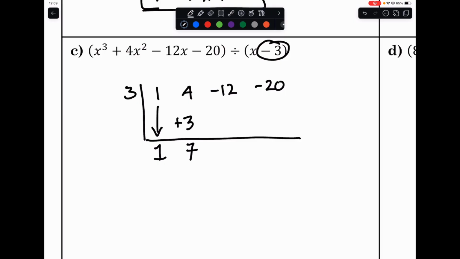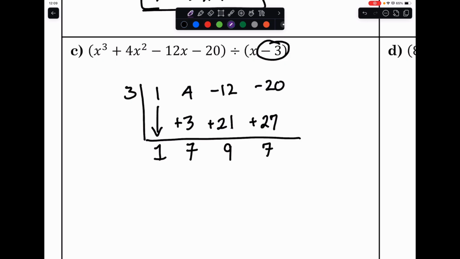Now multiplying 3 with now 7, that gives us 21, and that goes underneath the 12. And we'll add those numbers, which is a difference of 9. Now multiplying the 3 and the 9, that's a total of 27. And adding -20 with the +27, that gives us a difference of 7.